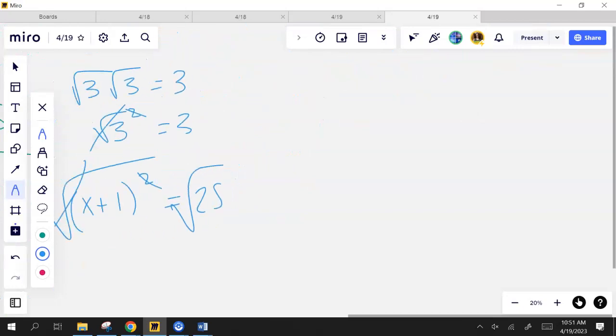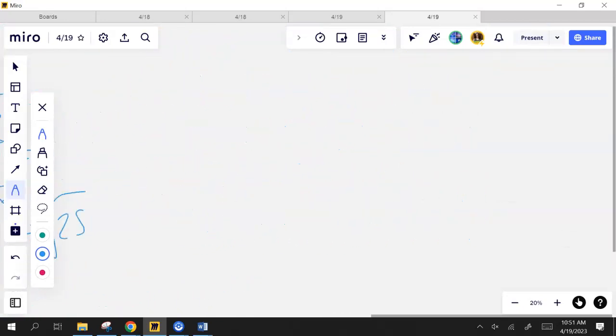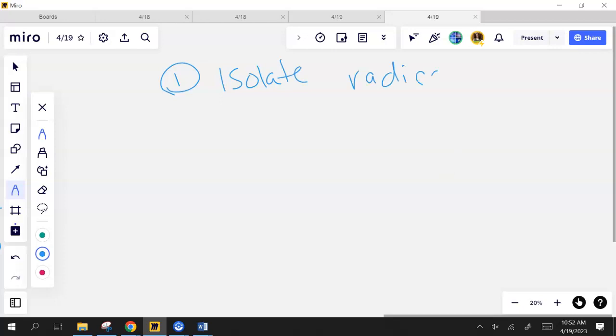All right, so here's what we're going to do. Steps to solving radical equations. The first thing we're going to do is isolate. What does isolate mean? Get by itself. We're going to isolate the radical, and then we're going to eliminate the radical. Eliminate means get rid of it.